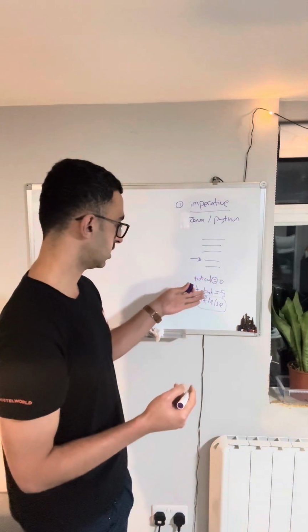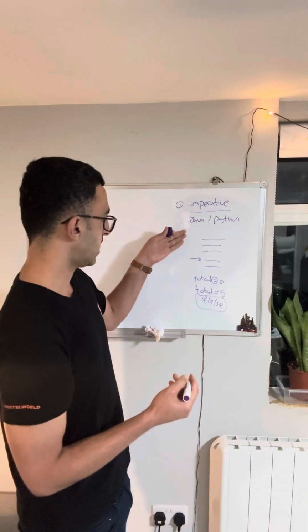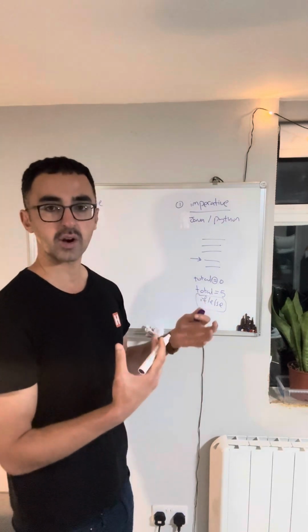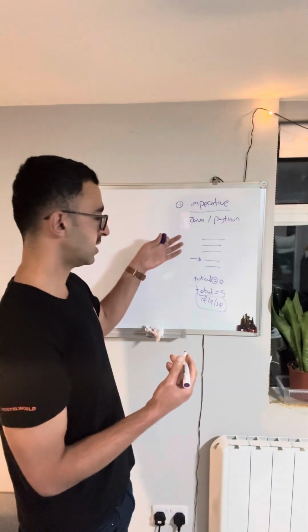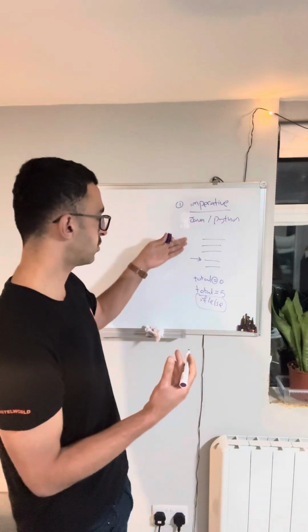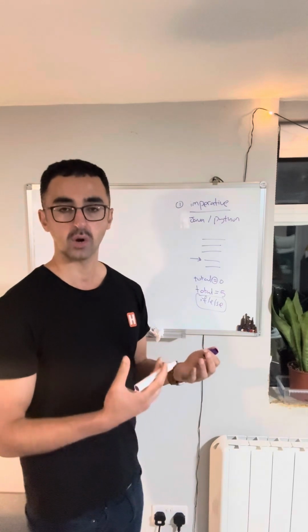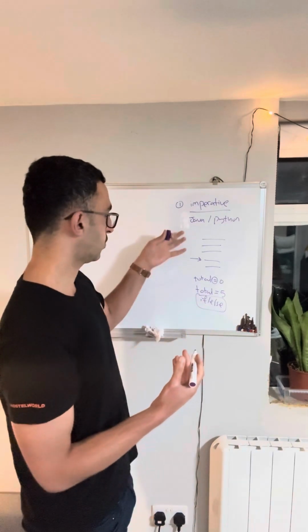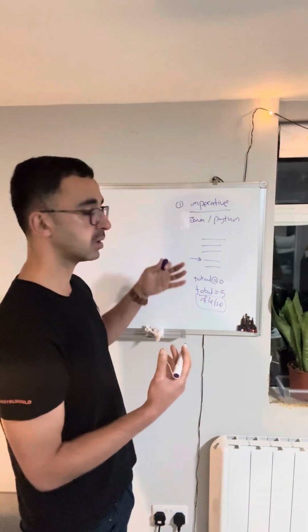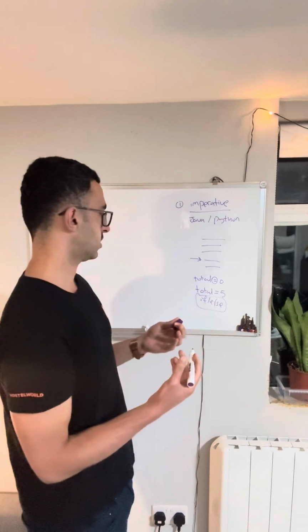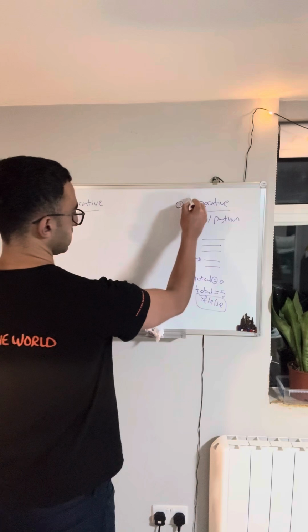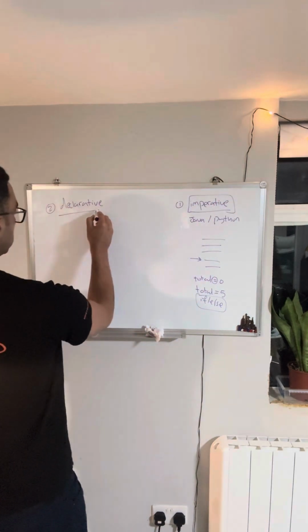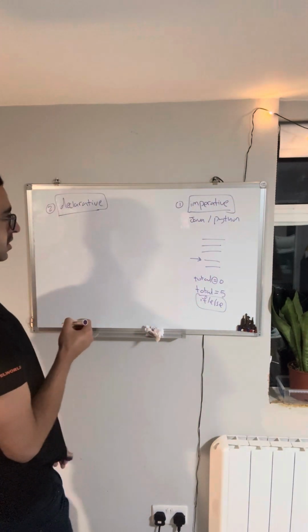So equality, conditions, and the guarantee that if execution reached a certain line, it serves as a guarantee that the previous lines ran correctly. And this feature makes the code predictable. So that's one category, imperative. And then we have declarative.